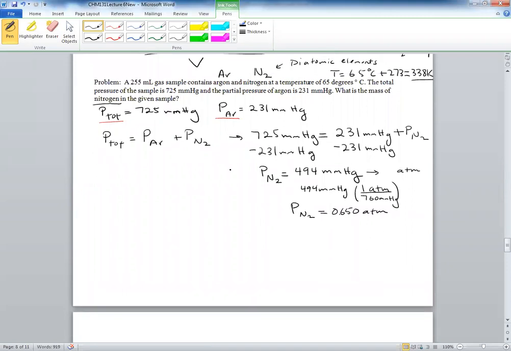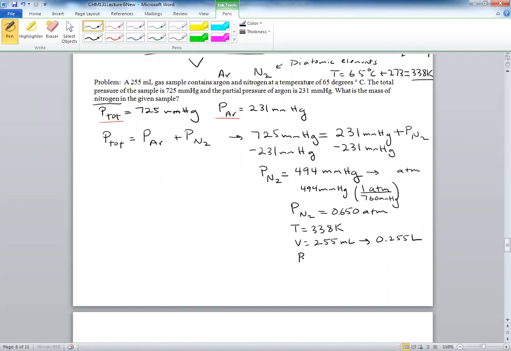Now, the next thing that we need to do is identify what we have. We have the pressure. We have the temperature right there. We have the volume, 255 mL, which, remember, we divide by 1,000, so that's 0.255 liters.